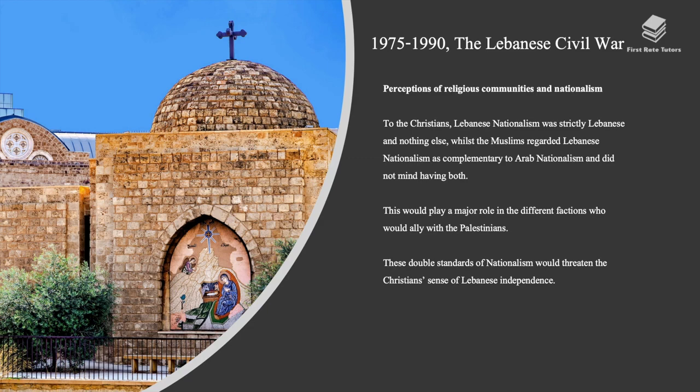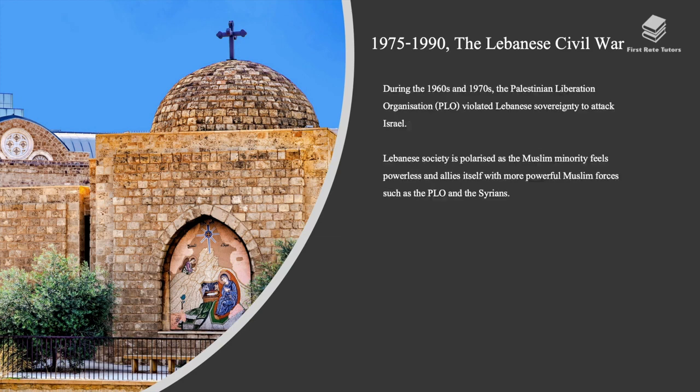To the Christians, Lebanese nationalism was strictly Lebanese and nothing else, whilst the Muslims regarded Lebanese nationalism as complementary to Arab nationalism and did not mind having both. This would play a major role in the different factions who would ally with the Palestinians. These double standards of nationalism would threaten the Christian sense of Lebanese independence.